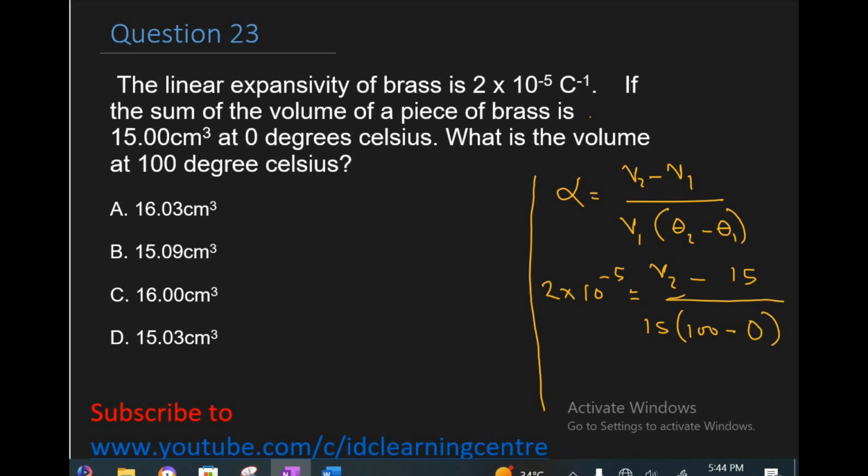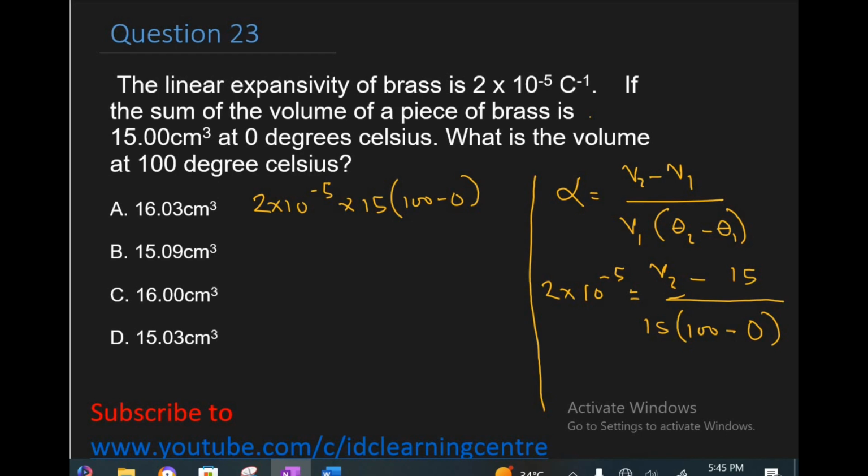So when we cross multiply here, our expansivity is going to multiply the denominator. We're going to have 2 times 10 to the power minus 5 times 15 times 100 minus 0.